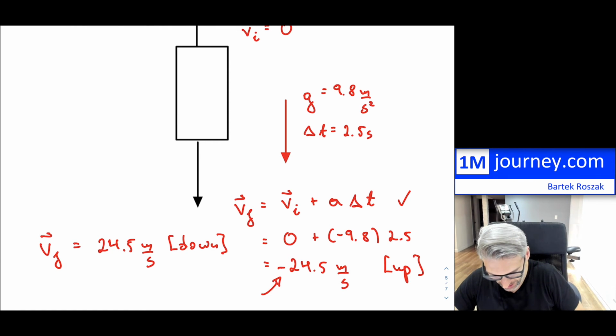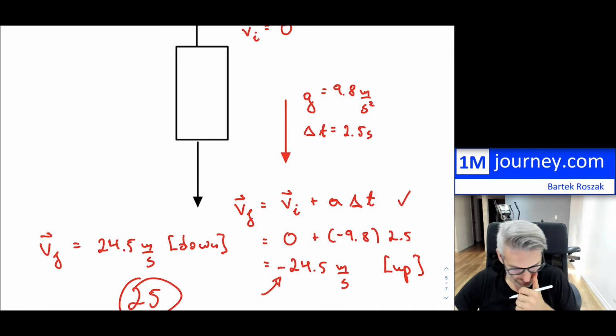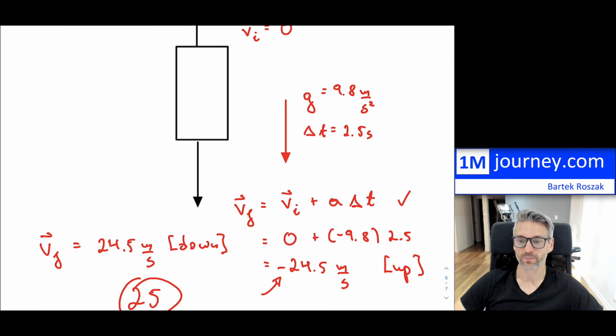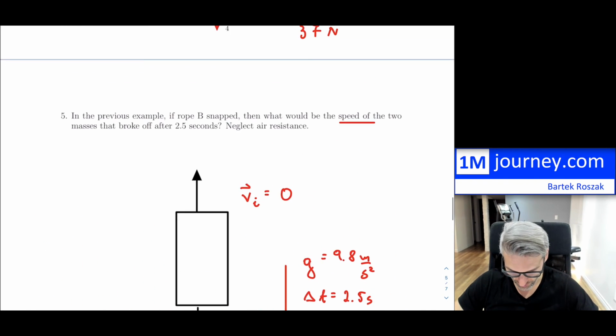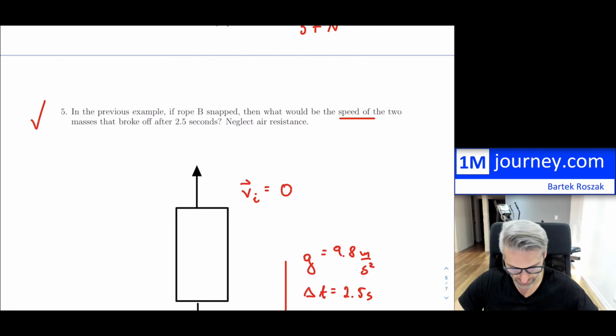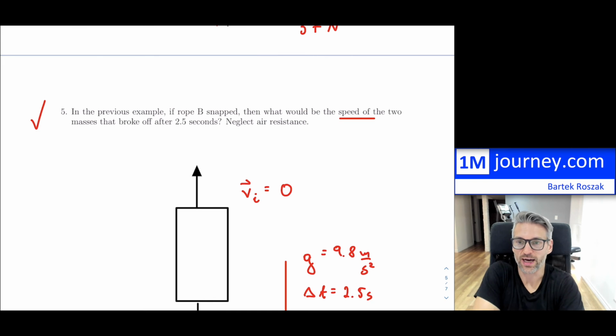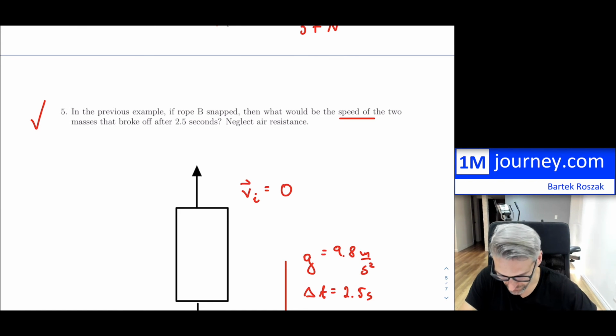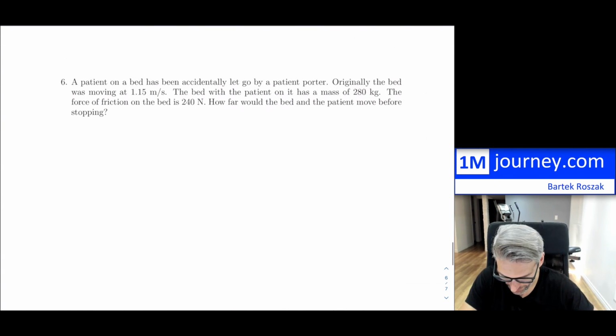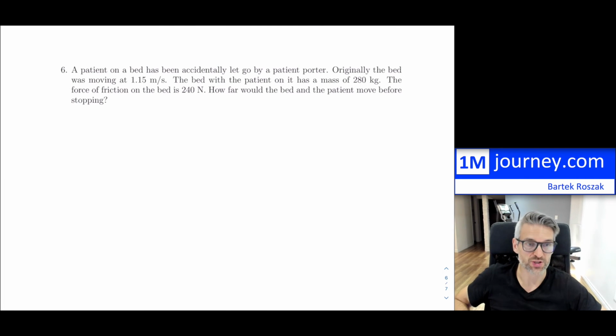Rounding it, it should have been 25 to two significant figures. So that's it, there's nothing really else for this one. This one was really simple, at least I hope, and it gives you some idea on how to approach this one. Okay, let's keep going. Here's question number 6.